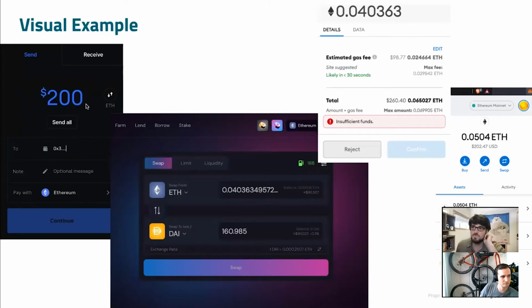I would say, okay, I want to send $200, and I would put in my MetaMask wallet address here, and I'd hit continue, and it would send the transaction to the network. The network would then say, okay, we're now moving this much money from this Coinbase wallet to this MetaMask wallet. It would then pop up in a browser right here where it's okay, cool, there's 200, you have this much Ethereum now in your wallet.